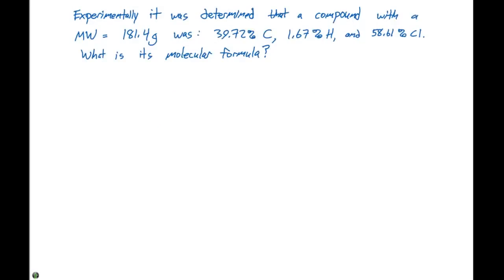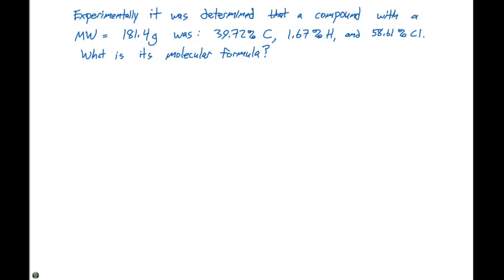The following example is going to show us how to calculate a molecular formula. So first, we're going to have to determine an empirical formula from the information given, then use our factor to determine what the molecular formula is.